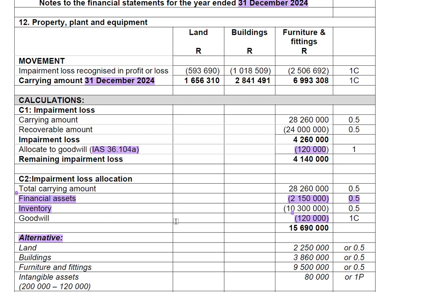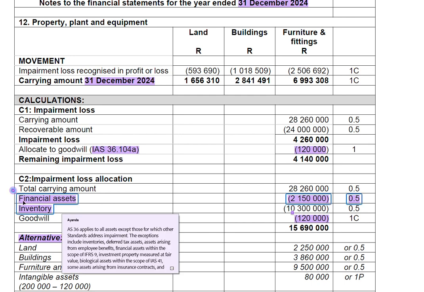Now, when it comes to further allocating this impairment loss, what do we know? When we're making the allocation, this 4,140,000 should not be allocated to the assets that are excluded from the scope.